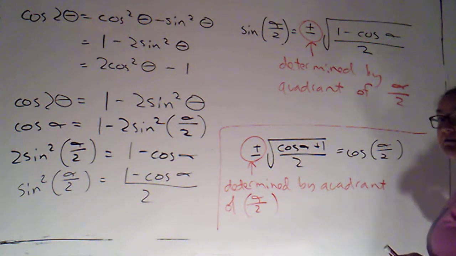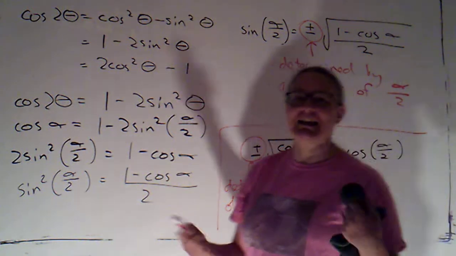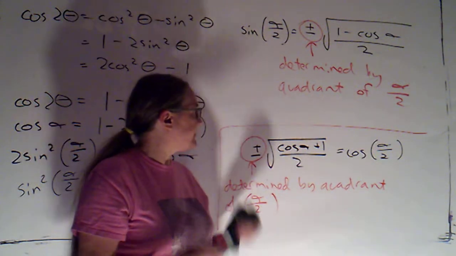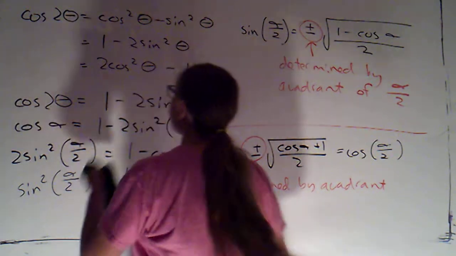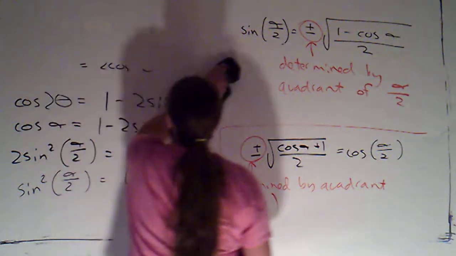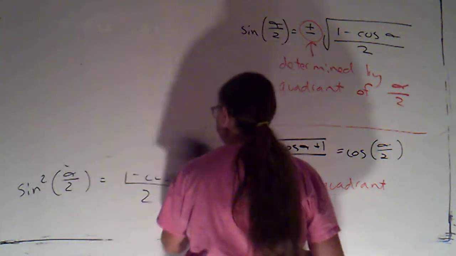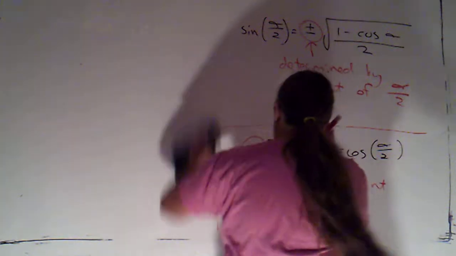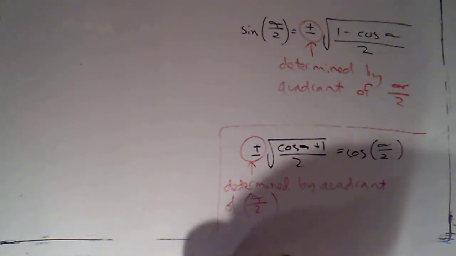I am going to insist, though, that we simplify things as far as we can, as far as getting rid of any complex fractions or anything under the radical. So let's just try an example. I'll keep these formulas up.